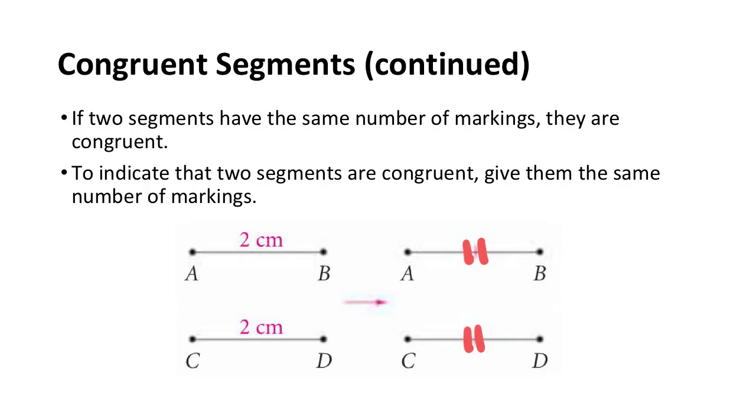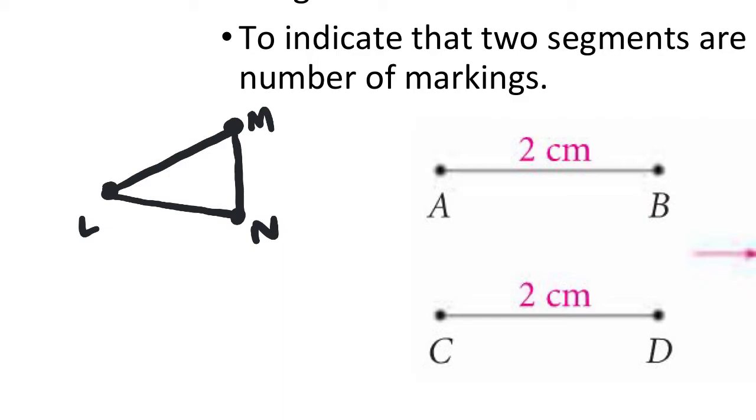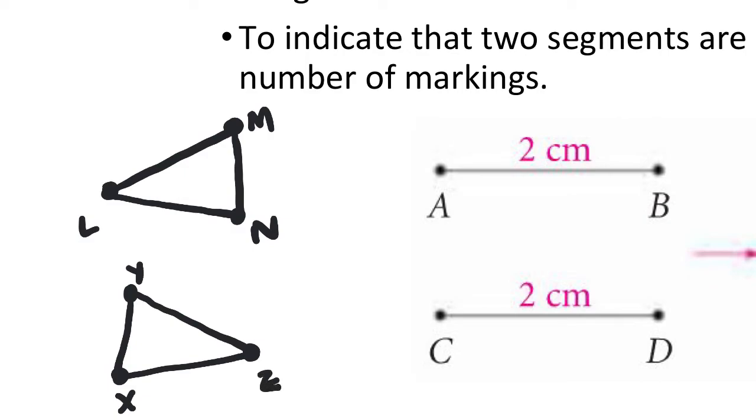Similarly, let's say, for example, I had some other problem, like let's say I had this triangle here, so let's call this L, M, N, and I had another triangle, X, Y, Z. I could give this one 3 markings and this one 3 markings to show that XY is congruent to MN.